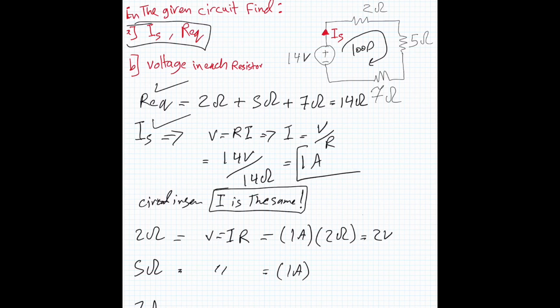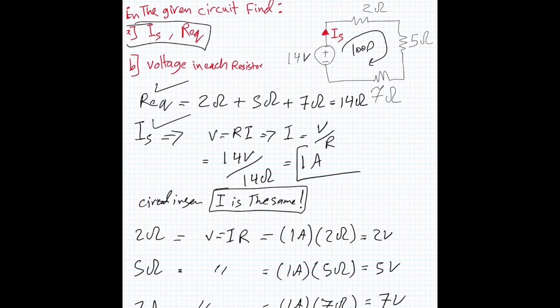Remember, the current is the same in a series circuit. 1 amp multiplied by 5 ohms gives me 5 volts. Finally, for the 7 ohms, 1 amp multiplied by 7 ohms gives me 7 volts.